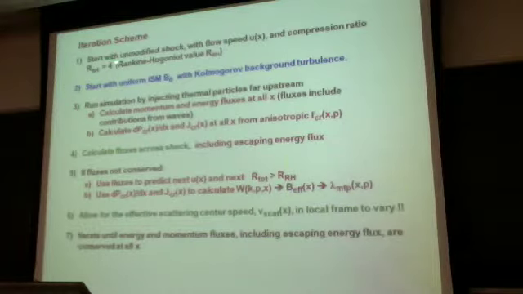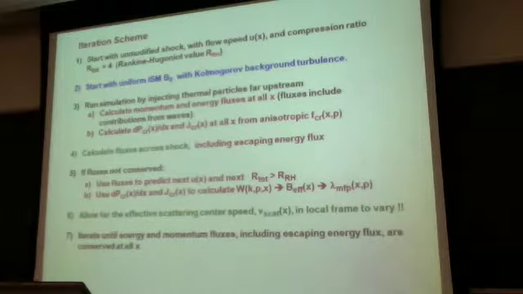So we start with an unmodified shock at a given flow speed, a given compression ratio. We start with a uniform ISM field and Kolmogorov background turbulence. We run the simulation, we inject particles, we move them through the shock, calculate the momentum and energy fluxes, including the contribution from the waves, and calculate the pressure gradient, cosmic ray current, and the anisotropic distributions.